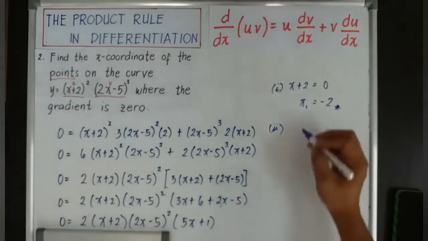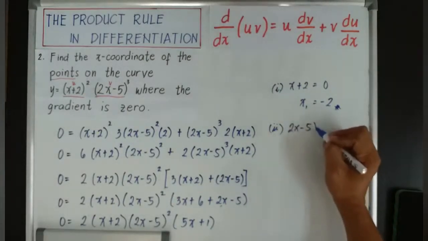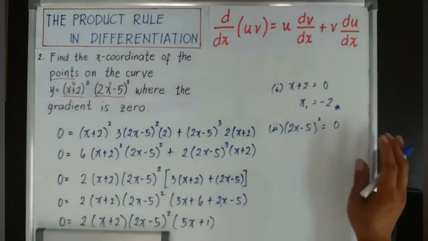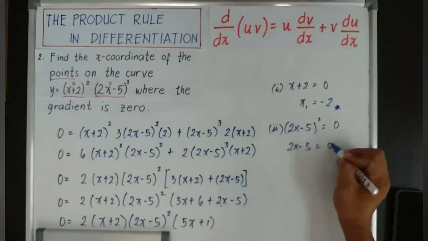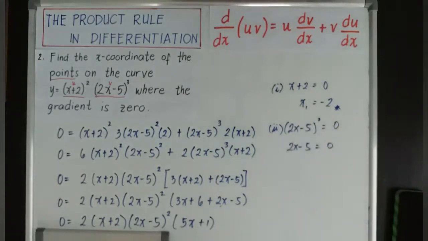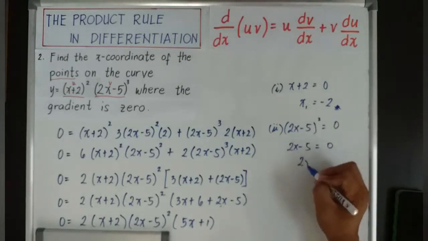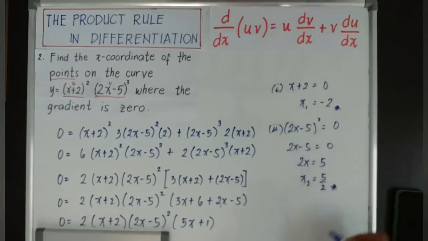This 2x minus 5, squared is equal to 0. You square root both sides, basically 2x minus 5 is equal to 0. Okay, it doesn't matter if it's positive or negative because it's 0. So it will become 2x is equal to 5. So x sub 2 is equal now to 5 over 2. This is the second answer.